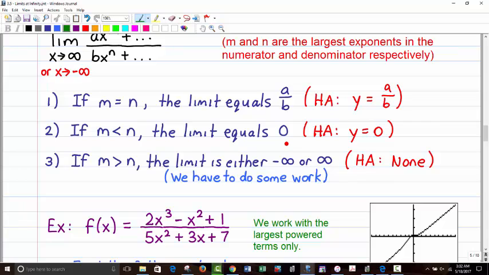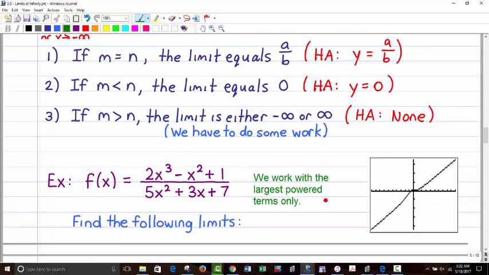If x is approaching positive infinity, that's only one direction. You can't approach it from the other way. Even though you might have heard the phrase infinity plus 1, that's really not a thing.